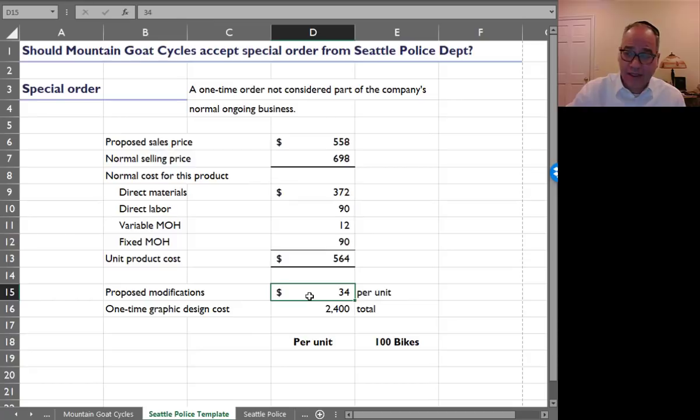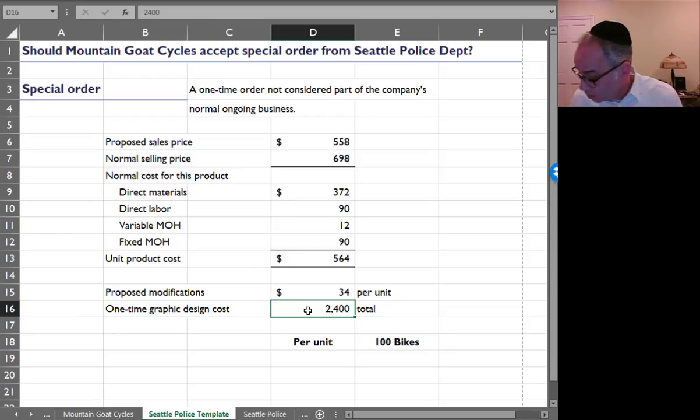They also want modifications. They want a nice little logo that says police department, and it's going to cost $34 a unit for these modifications, and they need to design a graphic. It's going to cost $2,400 in total. So let's look at our costs here.